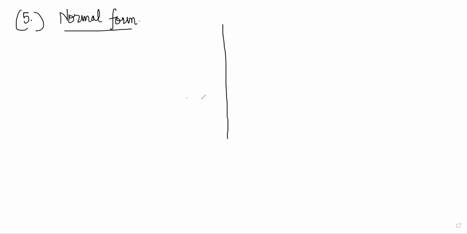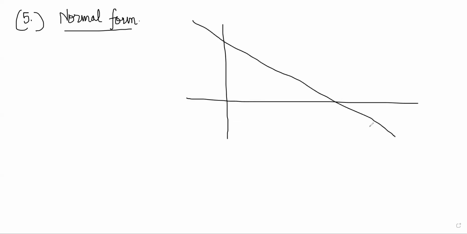So here we have a line. The information that is given to you is that the perpendicular from the origin to the line has length p and is making angle alpha, right? So we want the equation of the line L, and we are given that the perpendicular from the origin to the line has length p and makes an angle alpha with the positive x-axis.